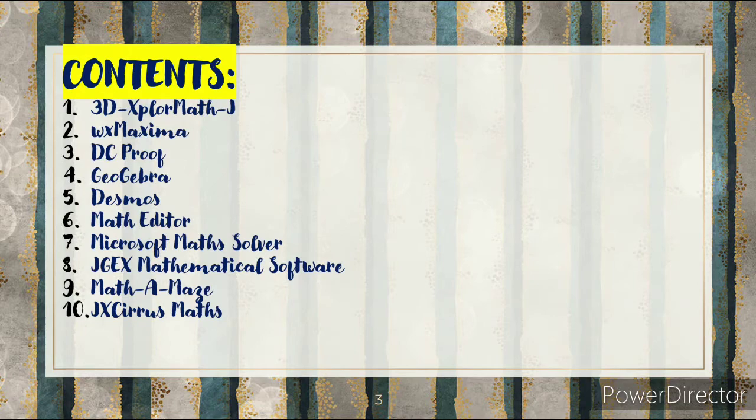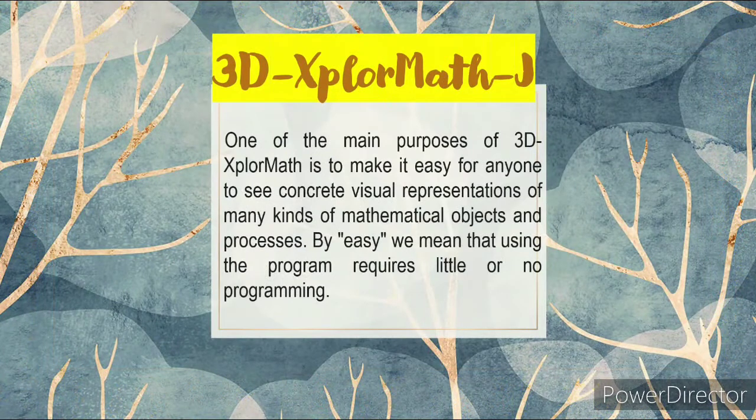So, the first one is 3D Explore Math J, where J stands for Java version. One of the main purposes of 3D Explore Math is to make it easy for anyone to see concrete visual representation of many kinds of mathematical objects and processes.